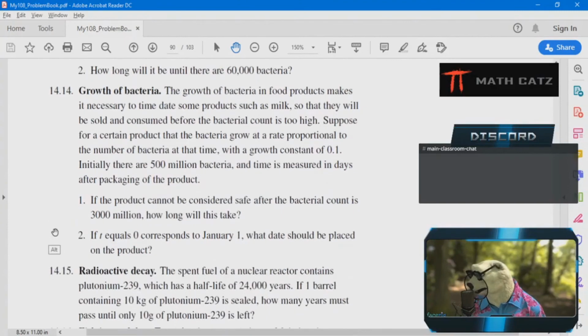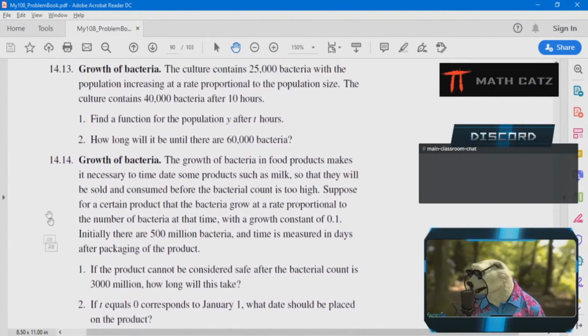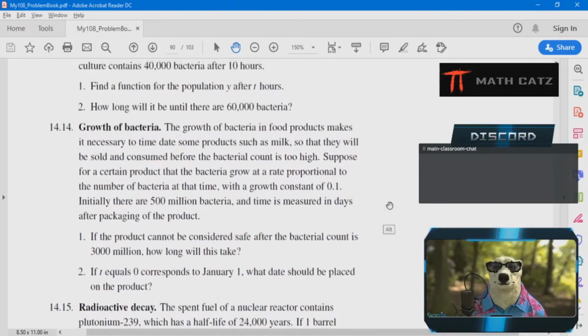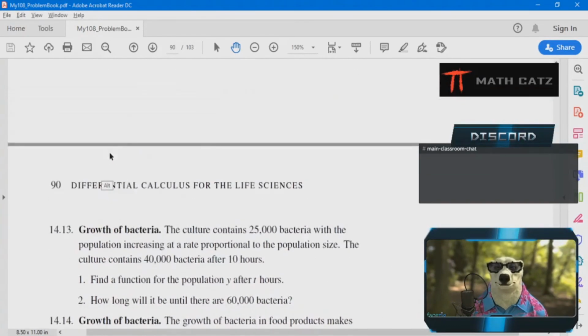Tomorrow we will look at radioactive decay, but for the growth questions, you can stop at 14.4, and the growth questions will be what is in the midterm. Radioactive decay could be in the final, but it won't be in the midterm, and we'll do that tomorrow.